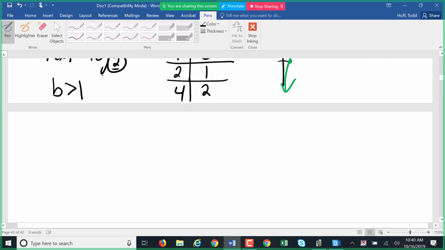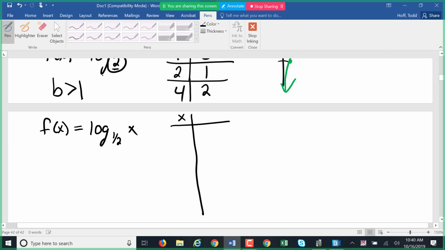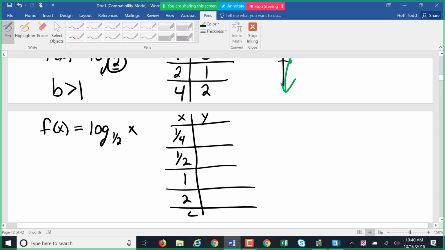Just like with our exponentials, the only way to make that curve go the other direction is if we have a base between 0 and 1. Log base 1/2 of x. Well, what happens here is our solutions basically flip around. I'm going to choose values of 1/4, 1/2, 1, 2, and 4 for x again.